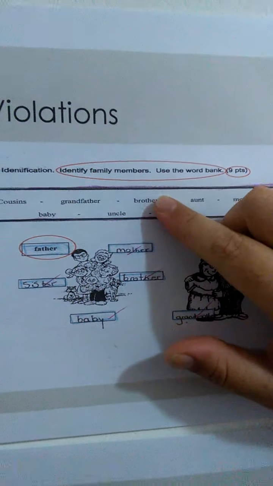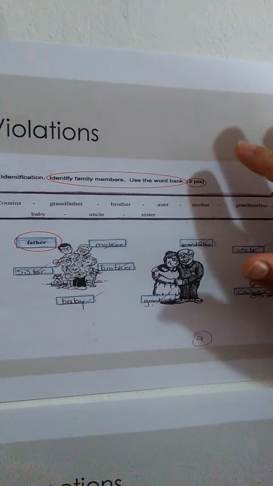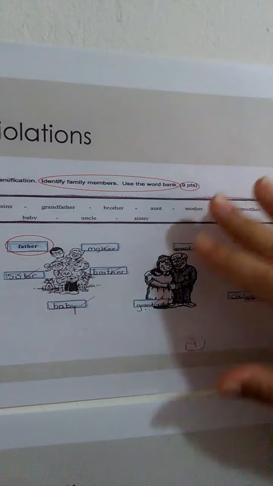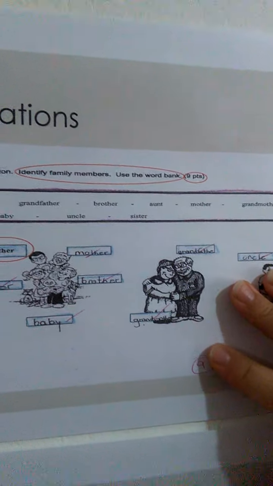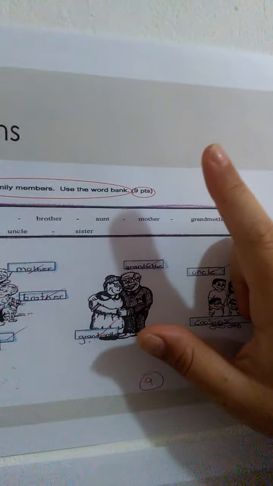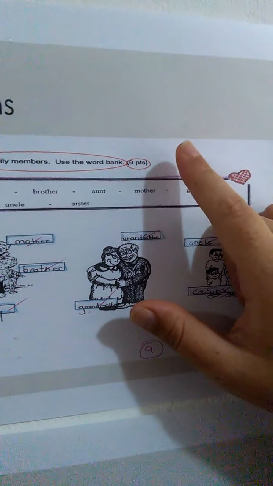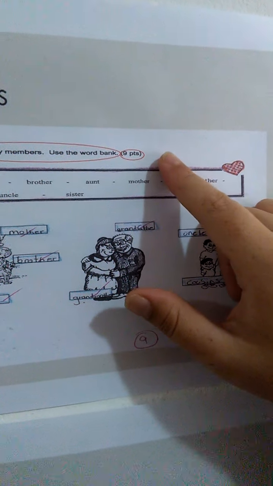The second one is the way the number of points is written, and there were 10 points total instead of 9 points. You can find something about this violation on page 18 of the guideline.